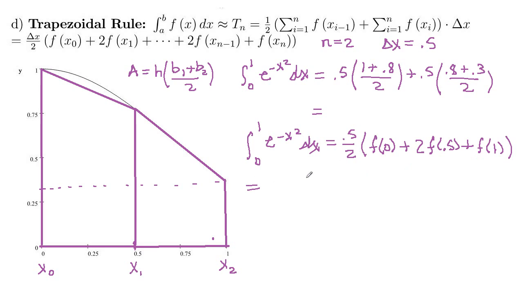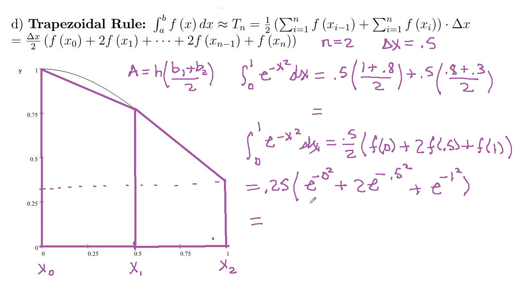So 0.5 divided by 2 is 0.25. F at 0 is e to the negative of 0 squared, plus 2 times e to the negative of 0.5 squared, that's f at 0.5, plus, and then we're back down to 1 for our multiplier, e to the negative of 1 squared.